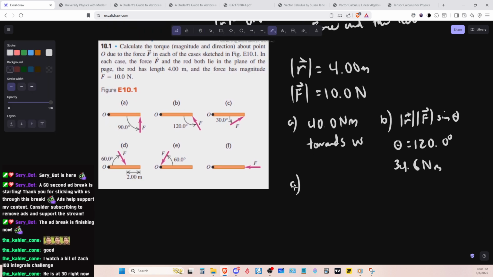All right, for C. So we have theta equal to 30 degrees.